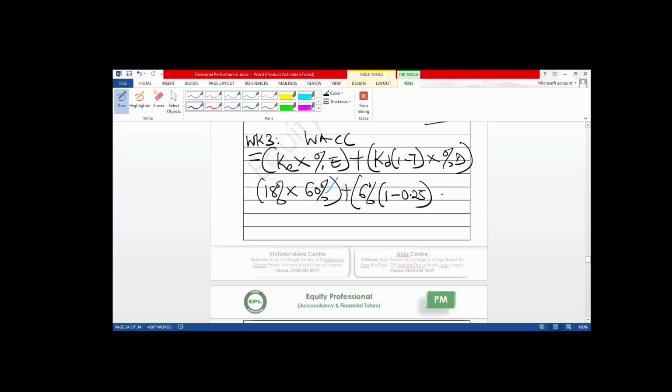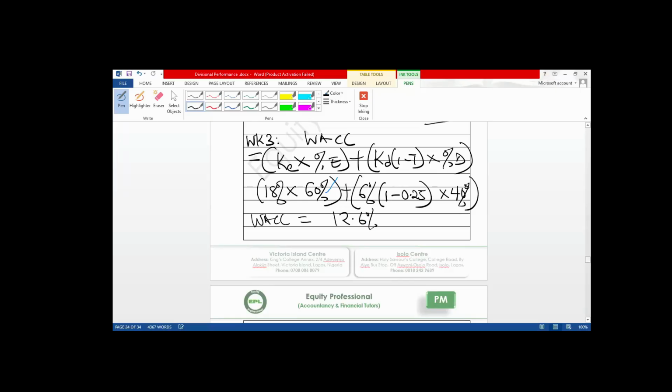Remember, if you are calculating WACC, you are going to use after-tax cost of debt multiplied by percentage of debt. Please work this out. 12.6%.